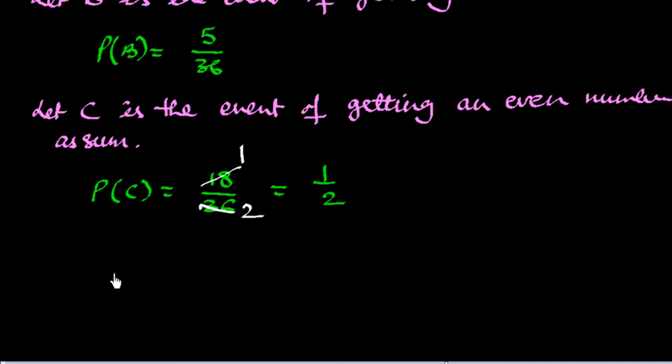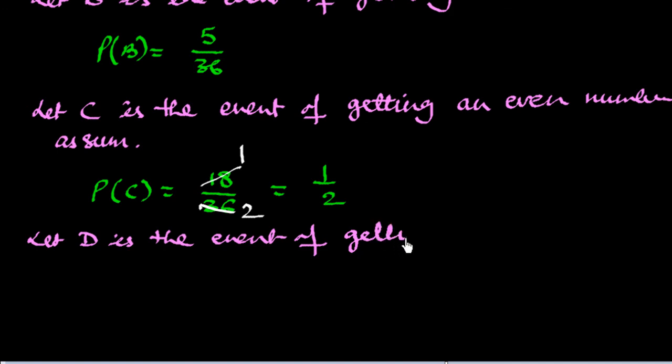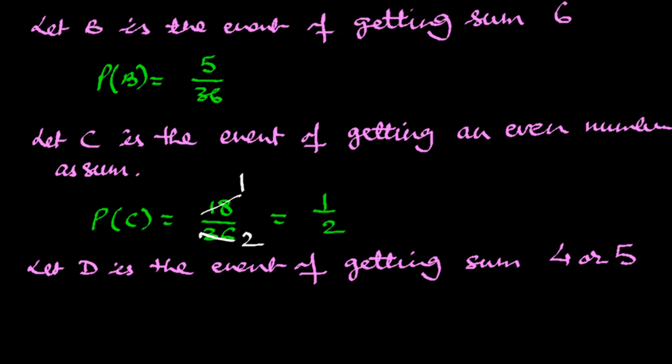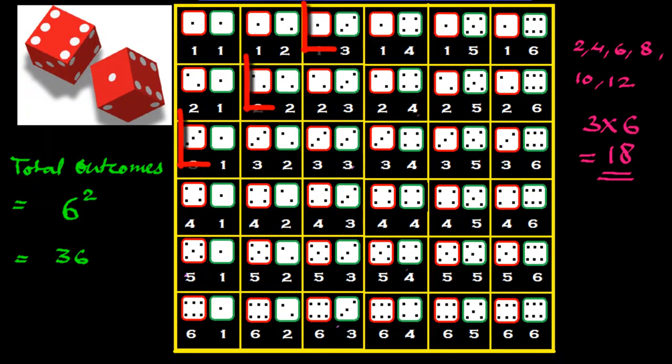Now we see another experiment. Let D be the event of getting sum 4 or 5. The sum may be 4, the sum may be 5, or maybe both. So look here, sum 4 and 5.